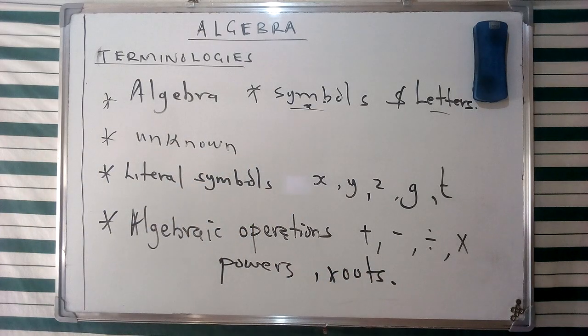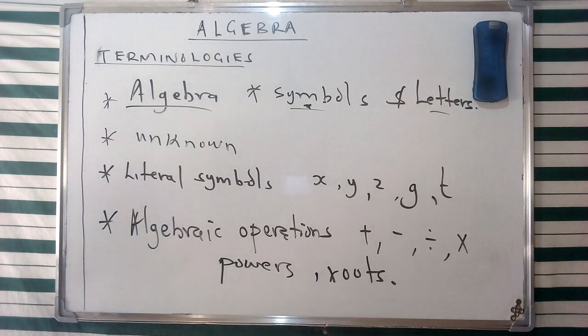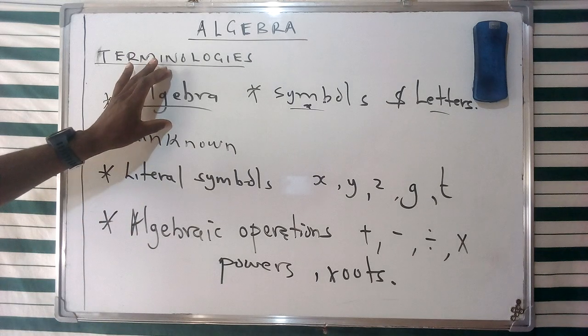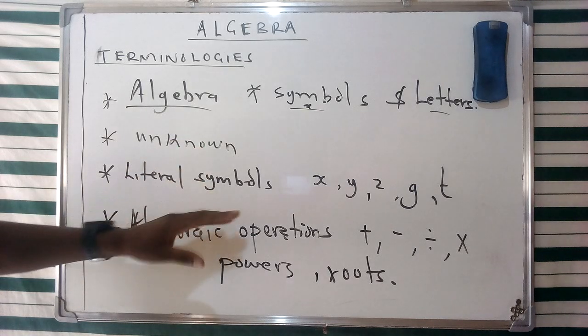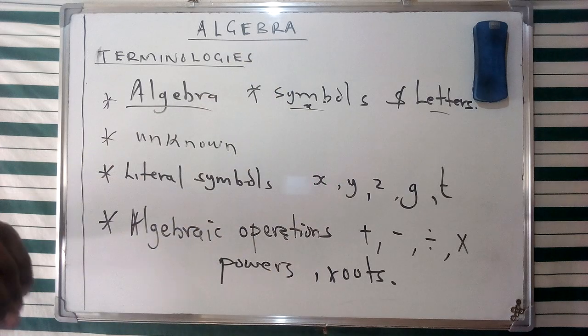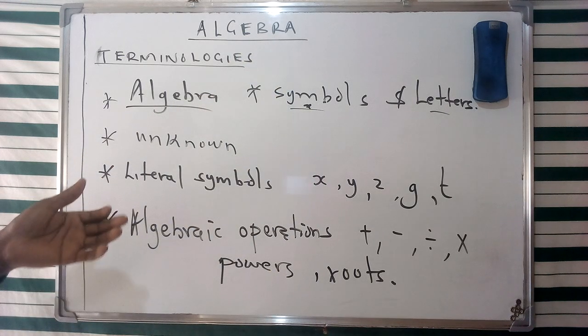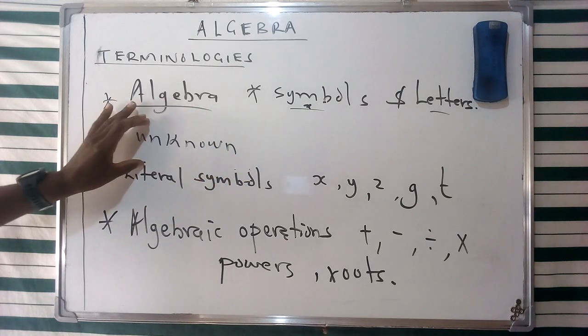So in essence, I would like us to take note of these specific terms. Now, I've said that algebra is a generalized or extended form of arithmetic. And in algebra, contrary to arithmetic numbers, we're going to see that algebra employs the concept of symbols and letters. And in essence, these specific symbols in algebra are going to constitute what we refer to as unknowns.